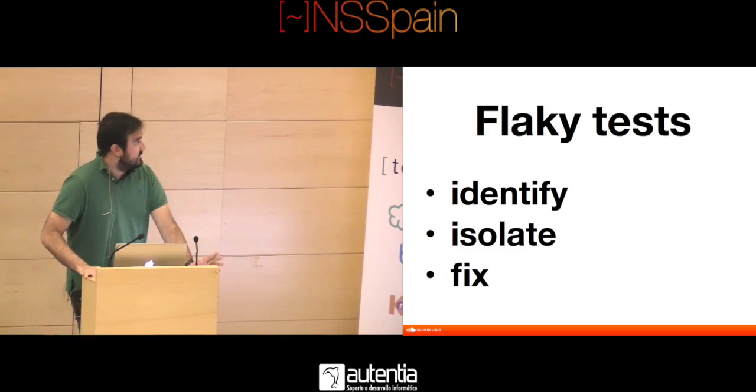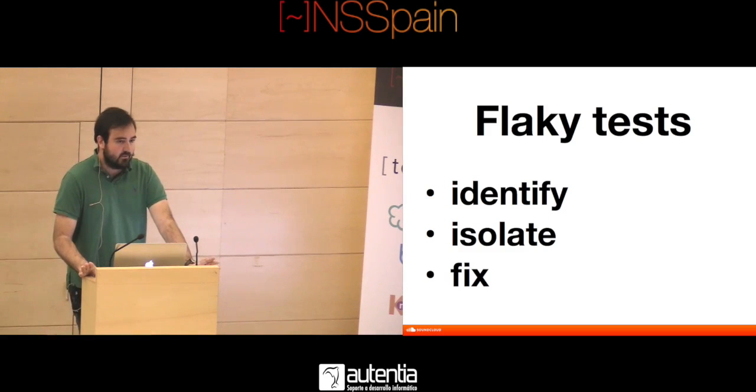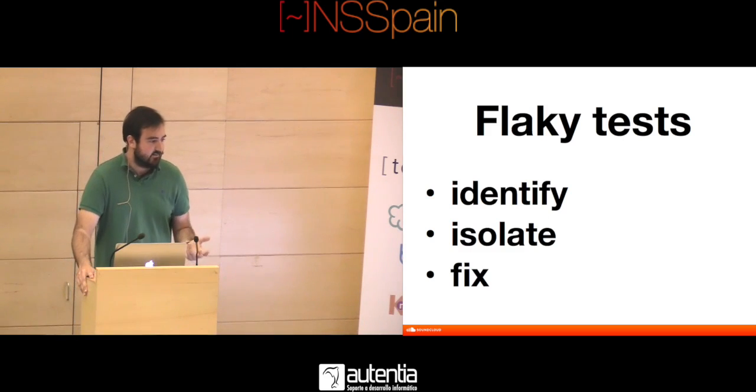That's key in keeping your acceptance test system working. Because when the build is red randomly, it's very frustrating for the developers, because then you stop trusting it. You're just going to be like, oh, it's red this time, I'll just rerun it. Maybe it'll be green.